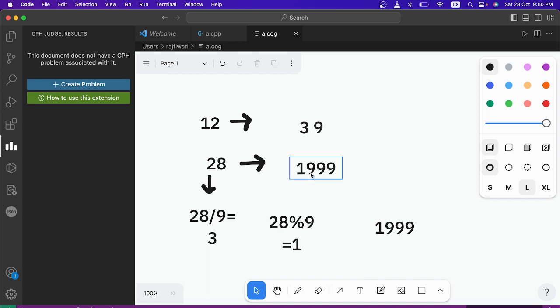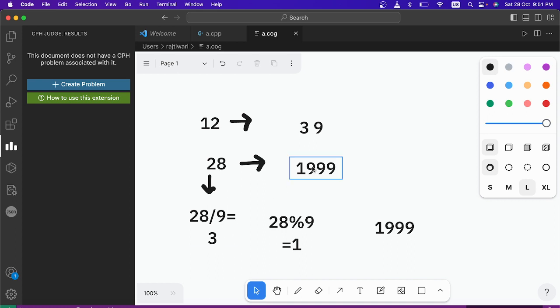The basic idea is to divide this number by 9, so you get the number of 9s that you need. If we divide 28 by 9, we get 3 as the quotient, which means we have to use the digit 9 three times.